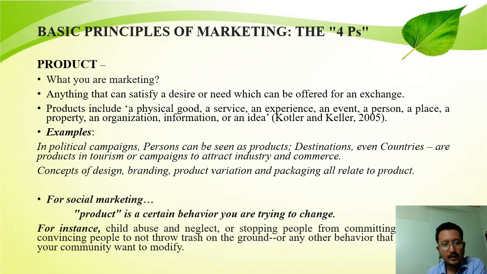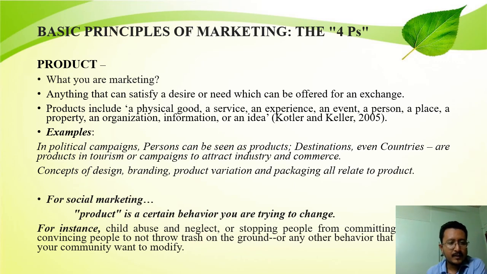So basically, product means any social idea, right? A social idea that a social marketer is promoting in order to bring a desired change, right? Among a group of people or in an individual.